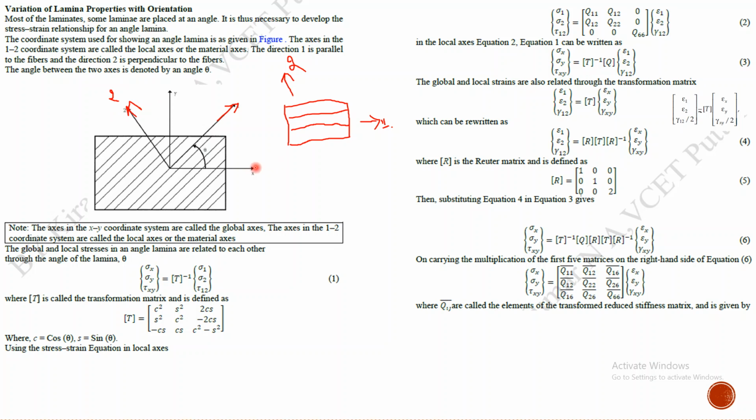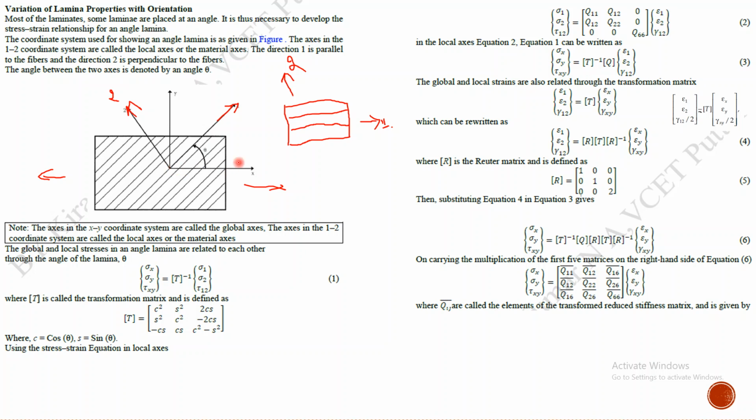We are always interested in the directions where the load is applied. So if I assume the load is applied in these two directions, I want the stresses and strains in these two directions. In order to do that, we will introduce another coordinate system, that is, the global coordinate system.